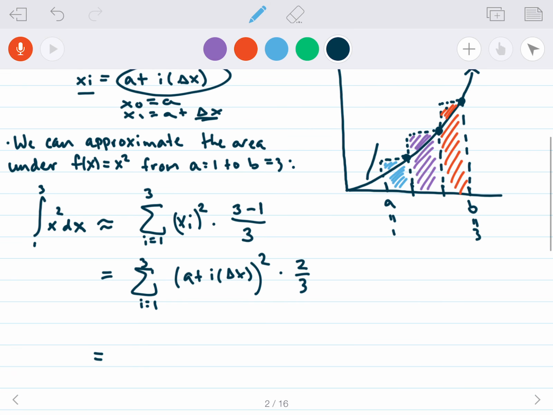And delta x, again, we can go ahead and replace some things in here. We know that a is going to be our starting point, which is 1. So I can just replace this with 1 plus i, and we know that delta x is 2 over 3. So the width of each of these rectangles is 2 over 3. Okay.